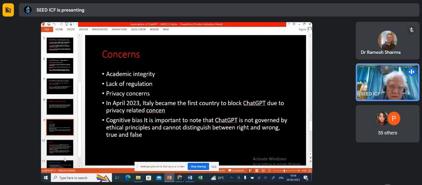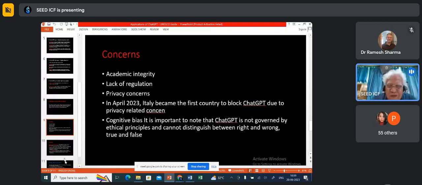Cognitive bias. This morning, Moody also said cognitive bias can arise from the way the neural network works. The person who developed the data for this neural network may be free from any kind of bias, but the system can be biased also. Ethical principles may be absent. You cannot distinguish between right and wrong, because this is a machine.